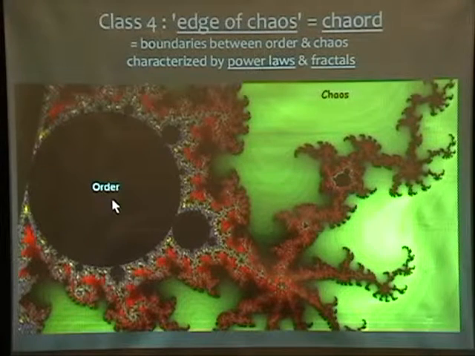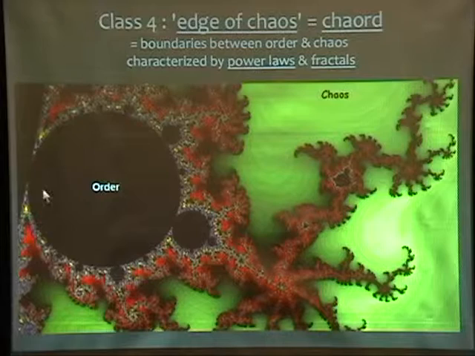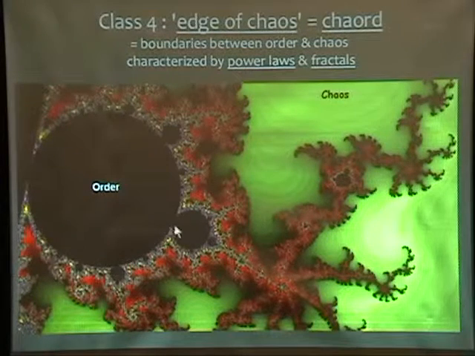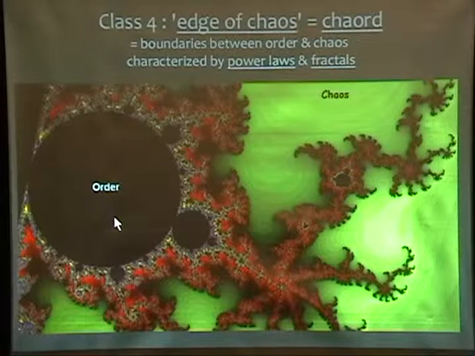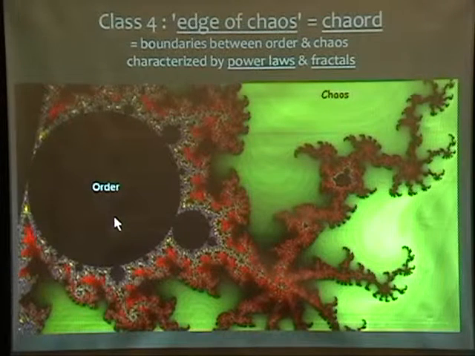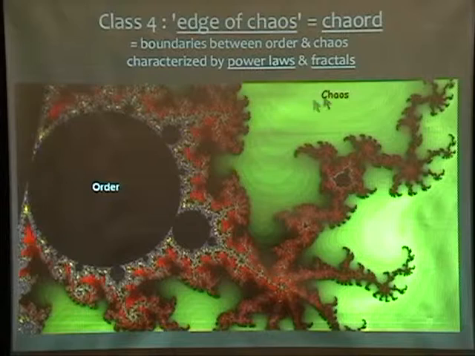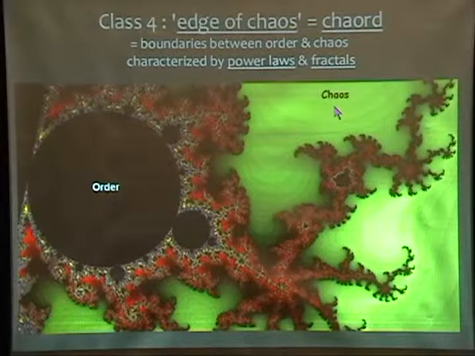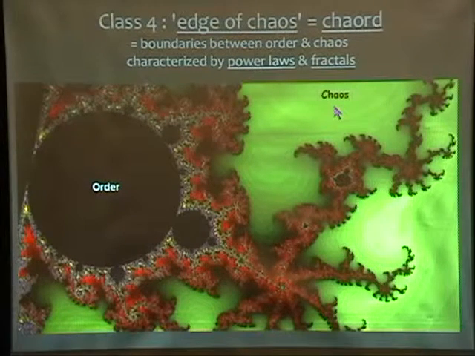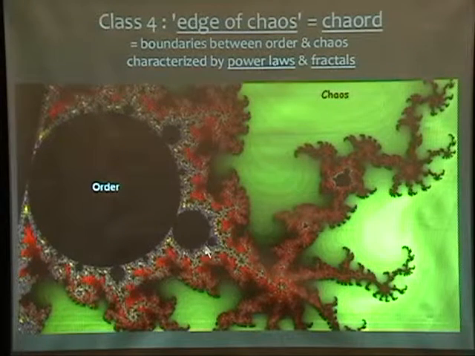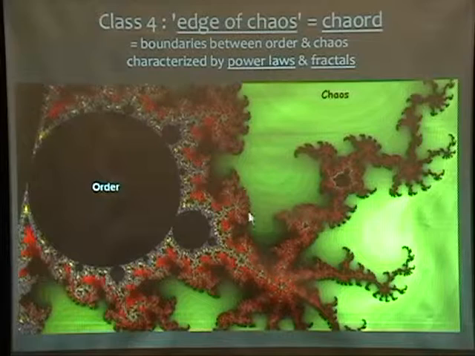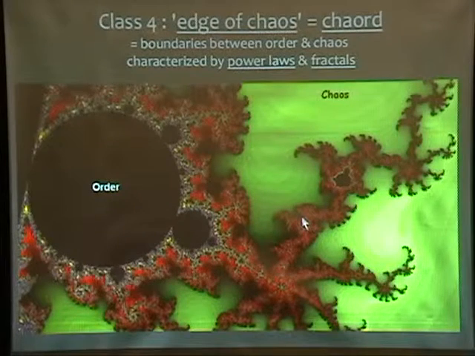Over here on the left, in this black region, all these black regions here is high order. The system is behaving in a class 2 fashion, very orderly. Up here in these green regions is chaos. It's very chaotic. The system is not behaving in any kind of orderly fashion at all. These red and purple regions right in here, in between black and green, that is the edge of chaos. And you can see how complex it is.